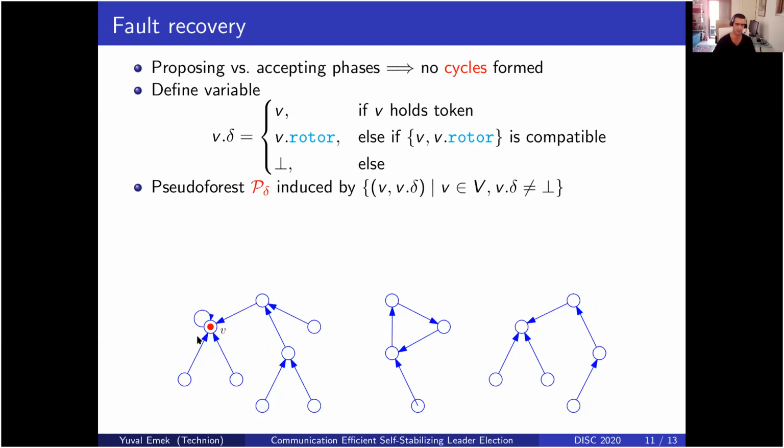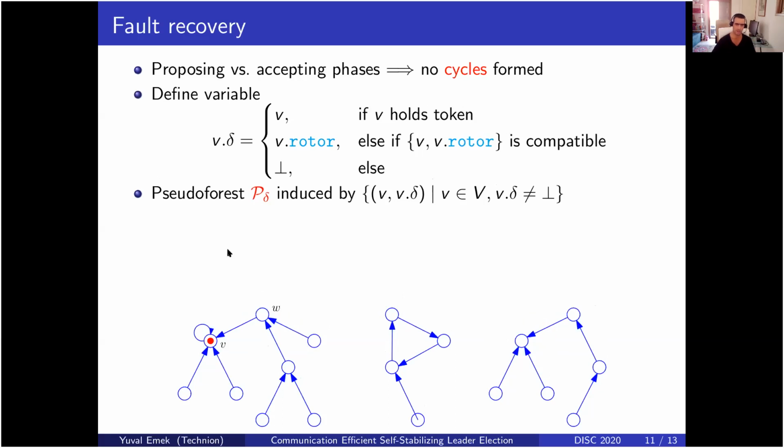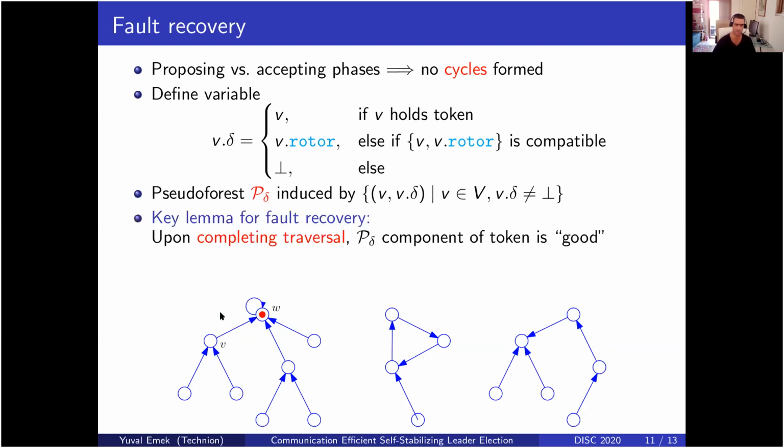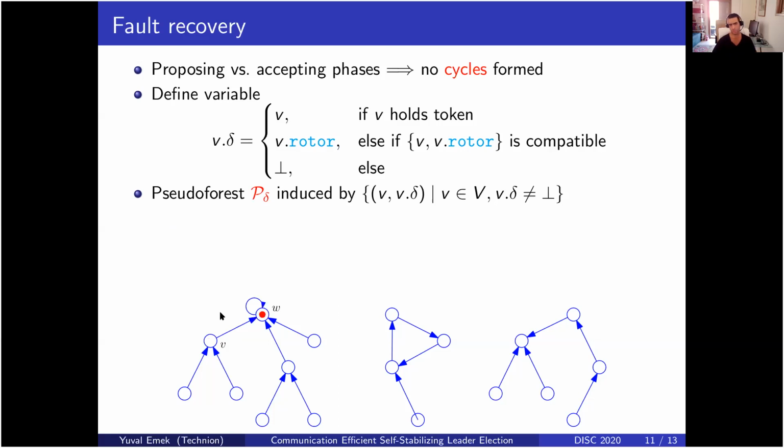Moreover, if V passes the token to some neighbor W in its component, and this token passing is successful, then the orientation of the VW edge is reversed, and the self-loop shifts from V to W together with the token.